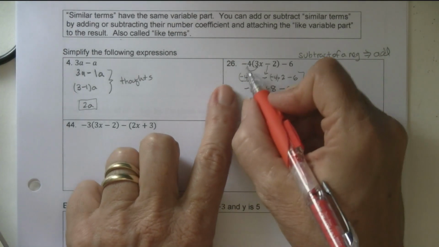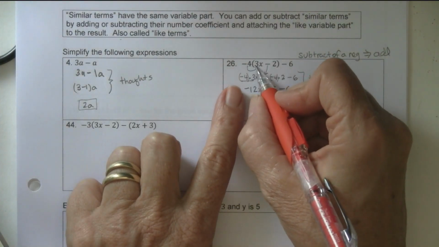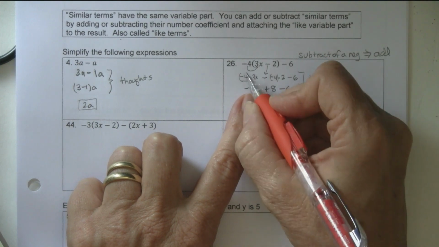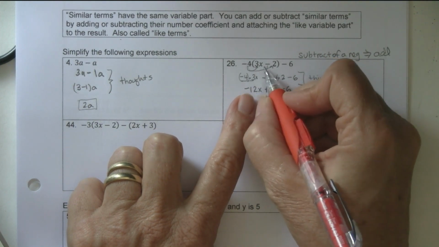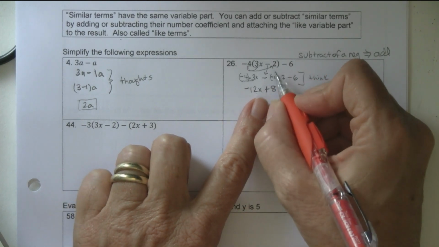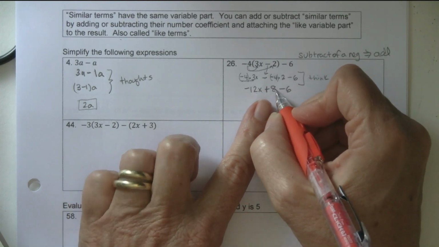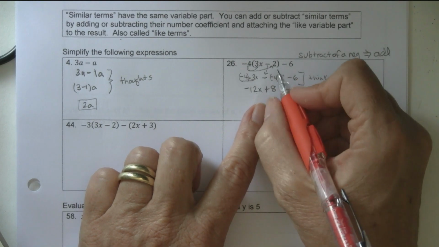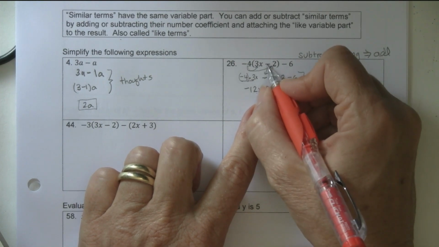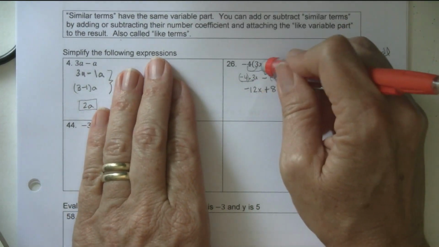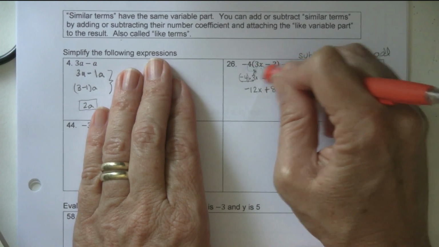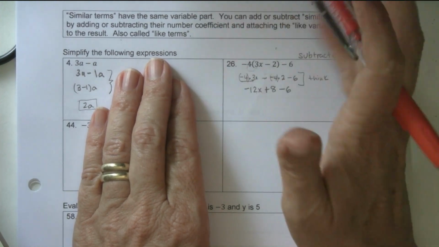So what they write is negative 4 times 3 is negative 12x. And I've even heard people say negative 4 times negative 2 is positive 8, and then minus 6. Actually, this right here isn't really a negative, it's really a subtraction. I have people in my life that will call you on that and say, hey, you said that wrong.